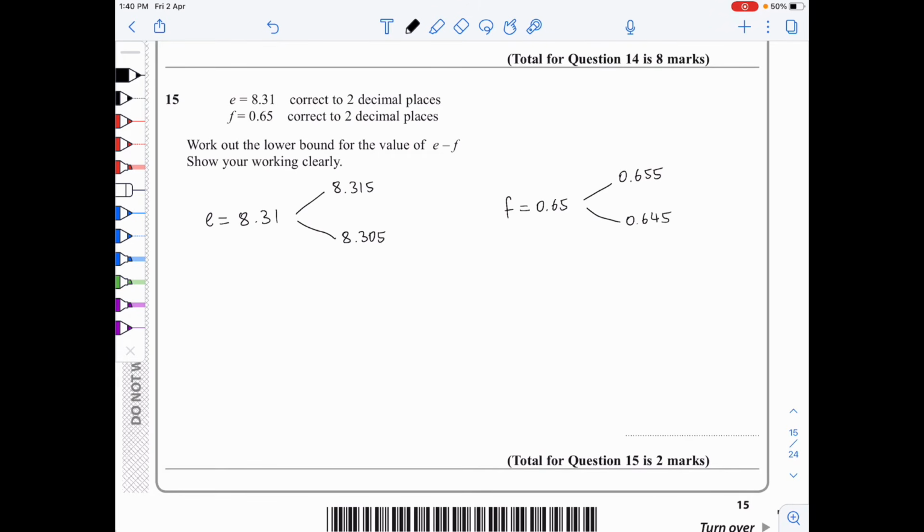We need to find the minimum value of the difference, so I'm gonna make E as small as possible and F as large as possible in order to minimize the difference. So I will take the lower bound of E, which is 8.305, and the upper bound of F, which is 0.655, and this is giving a result of 7.65.